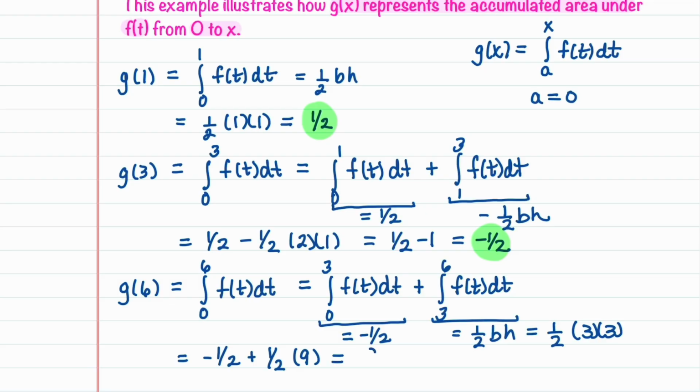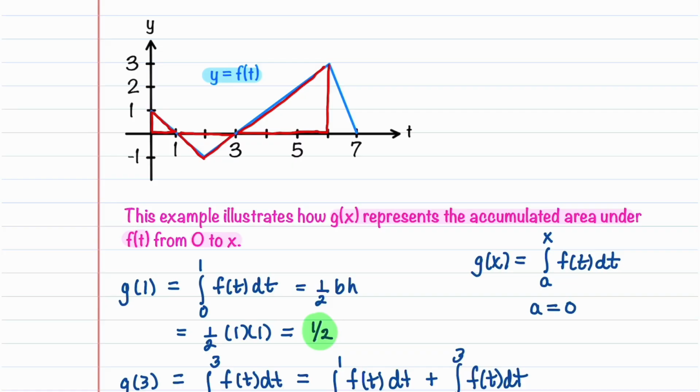So this is 9 minus 1 over 2, which is 8 over 2, and this gives us a value of 4. This tells us that the accumulated area from 0 to 6 is equal to 4. It makes sense that our answer is positive because if you look at the red triangles, you can see that there is more area above the x-axis than there is below the x-axis.